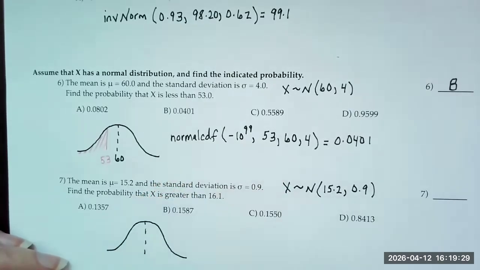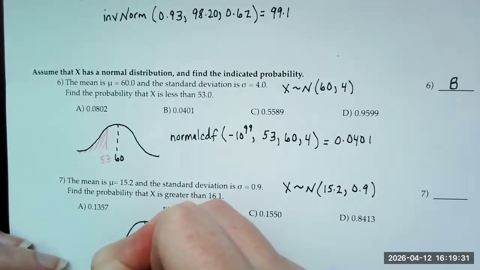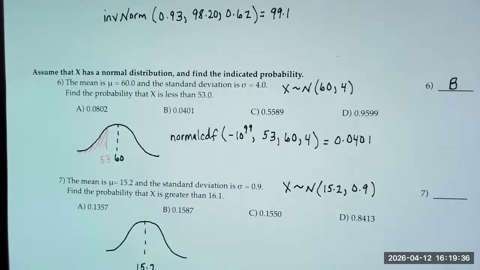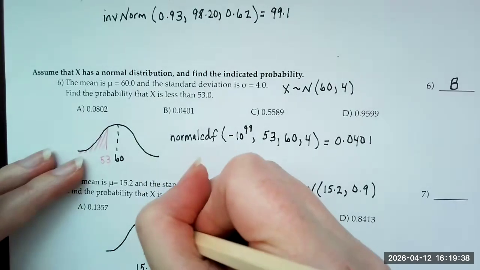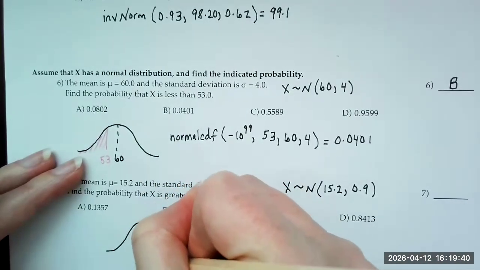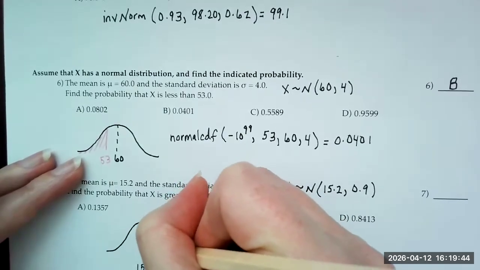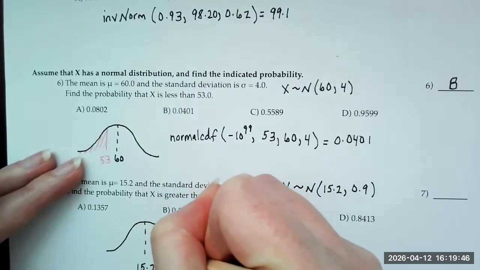So down the middle, we're going to put the 15.2. And so finding the probability that X is greater than 16.1 means 16.1 is over on the right-hand side. And so we're going to shade the right tail.